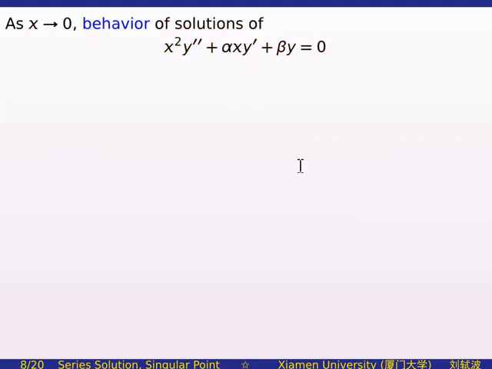And of course, our next topic is about the behavior of the solution as x goes to the singular point. Our p(x) is x squared. So when x equals 0, x squared is 0. Therefore, by our previous definition, such x is not an ordinary point, it is a singular point. So we are interested in the behavior of the solution as x goes to 0, goes to the singularity.